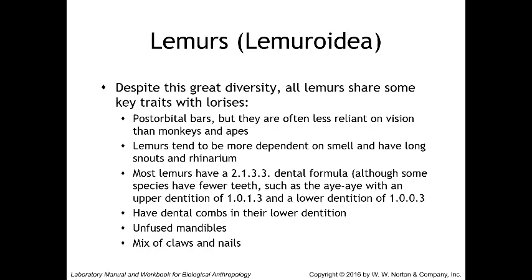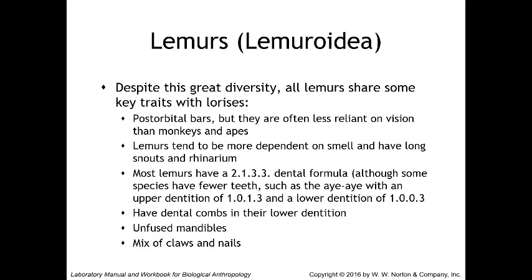All lemurs will have a dental comb in their lower dentition. They will have unfused mandibles and a mix of claws and nails. All of these similarities reflect their close relationship with the lorises.